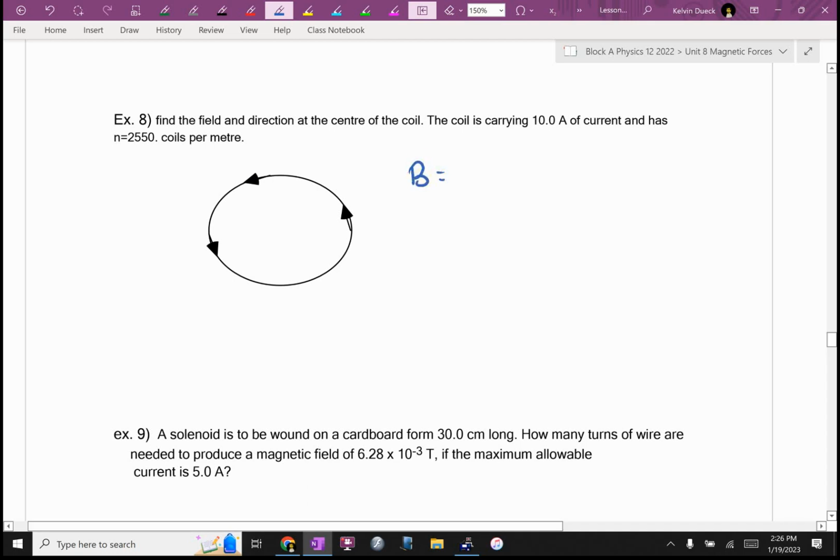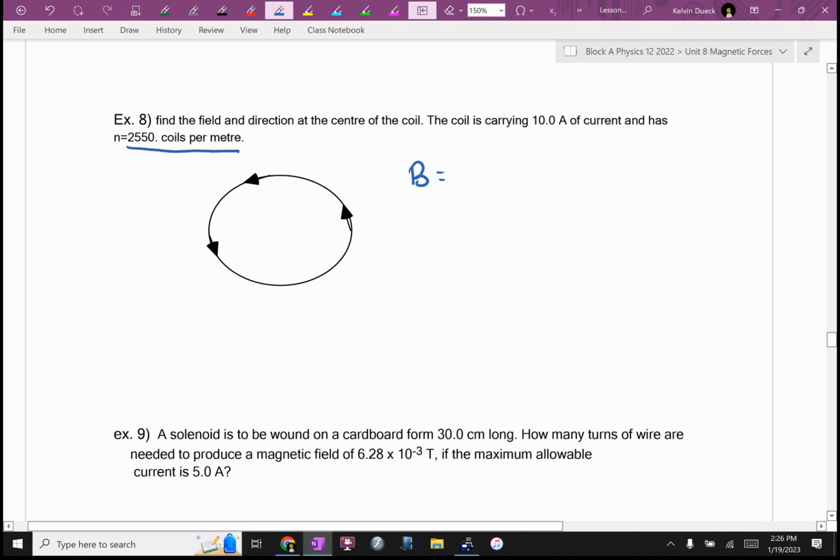B is going to be. Now, before we start writing anything more, did they give you the current? Did they give you the total number of coils? No. Did they give you the length? No. What did they give you instead? Coils per meter.